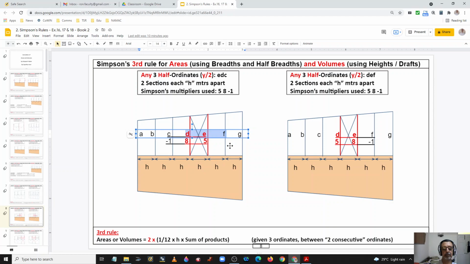However, the formula is, for Simpson's third rule, since we are using half ordinates, we have to multiply it by 2, and it is 1 upon 12 multiplied by the sum of the products. You are given 3 semi-ordinates, and you have to find the area between the 2 consecutive semi-ordinates.